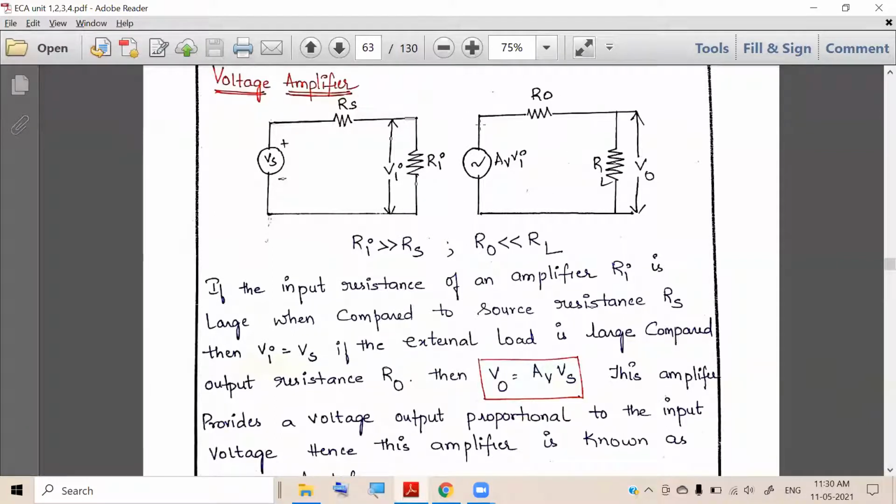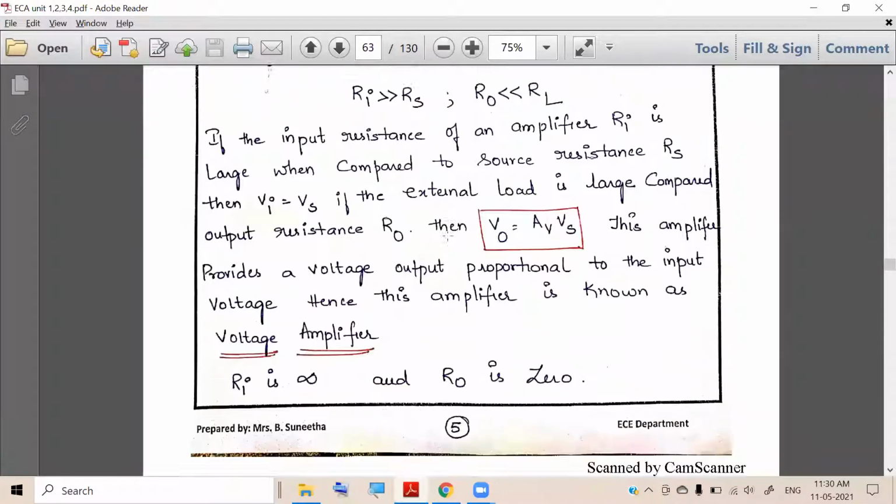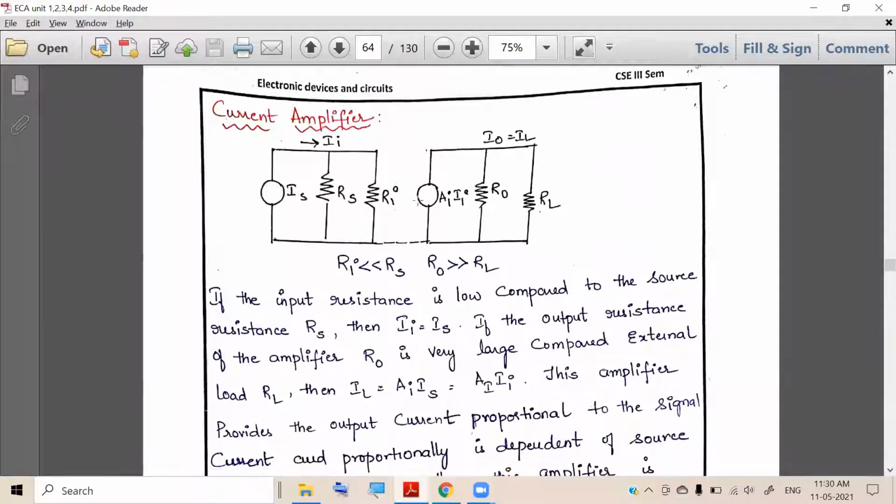Likewise, here they are representing Ai Ii in parallel with R0. They are equivalent. This technique is called the source transformation technique.